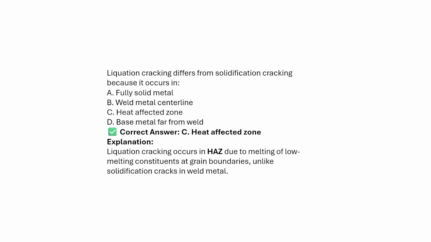Liquation cracking occurs in the HAZ due to melting of the low melting constituents at the grain boundaries, unlike the solidification cracking in the weld material. If sulfates, like iron sulfate, magnesium sulfate, or phosphates are present, those have a low melting point. So those will melt at the grain boundaries and initiate the cracking. That is the liquation cracking.